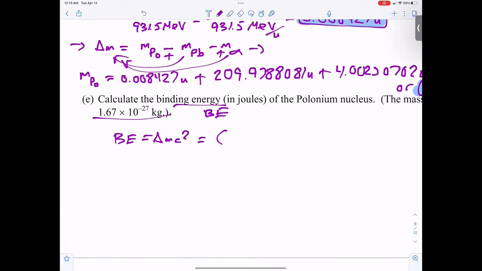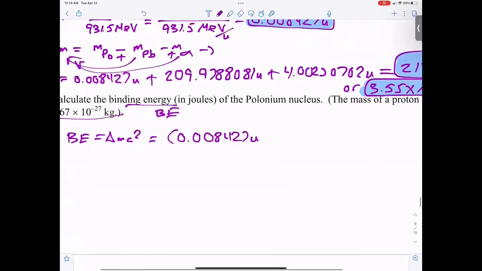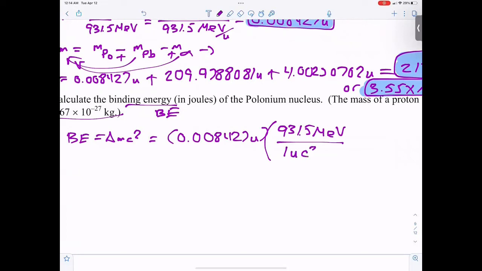We know what delta M is, the mass defect from the previous problem, 0.008427 atomic mass units, times the conversion, we can write 931.5 mega electron volts per 1 atomic mass unit C squared, times C squared. And you can see a lot of stuff cancels, and you have your answer in mega electron volts.